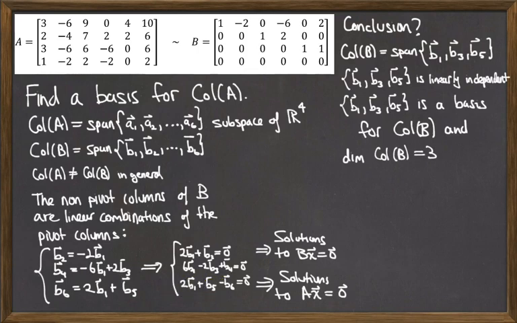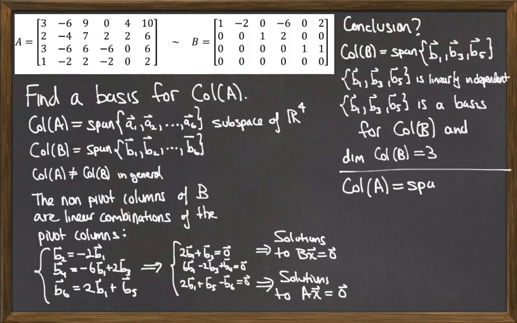So for example, if you take minus 6 times the first column of A plus 2 times the third column of A and add that together, you will get the fourth column of A. Hard to see up here when it's not row reduced, easy to see here, but these relationships among the columns of A are preserved as I do row reduction.